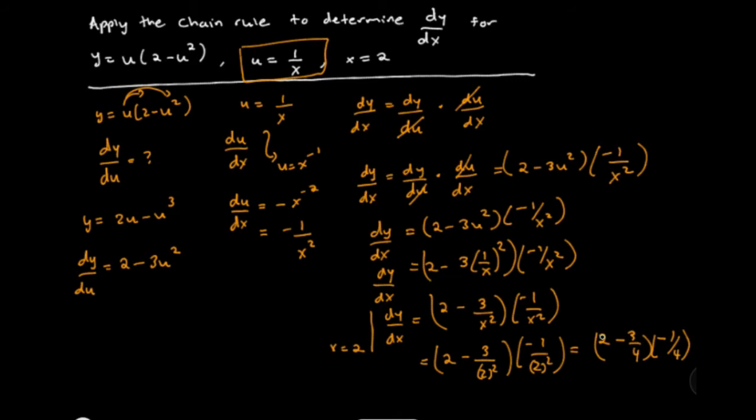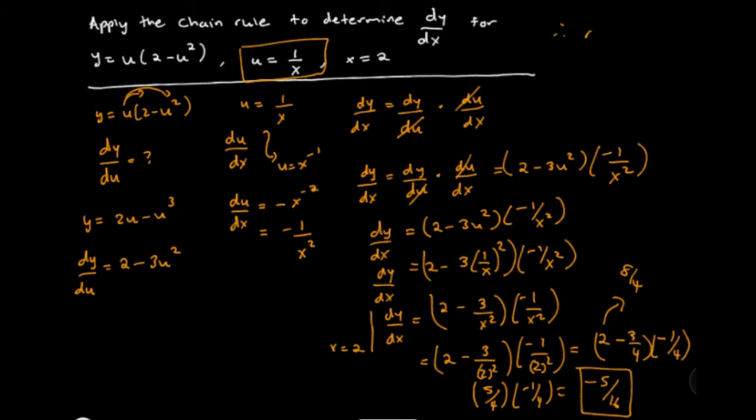And if I simplify this out, you can write 2 here as 8 over 4. So 8 over 4 minus 3 over 4 is 5 over 4 times negative 1 over 4, and that's going to give you negative 5 over 16.